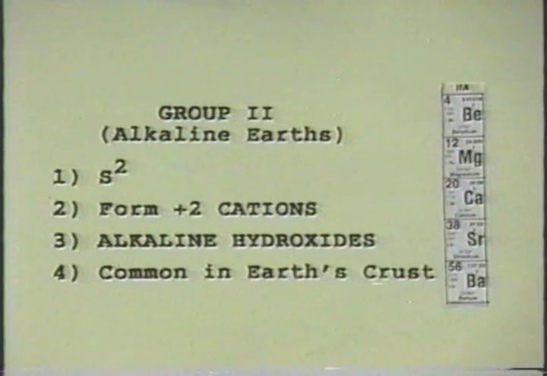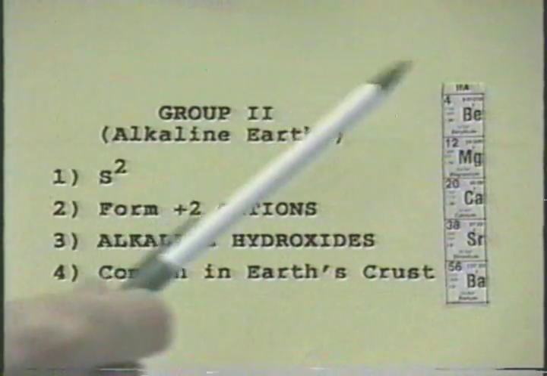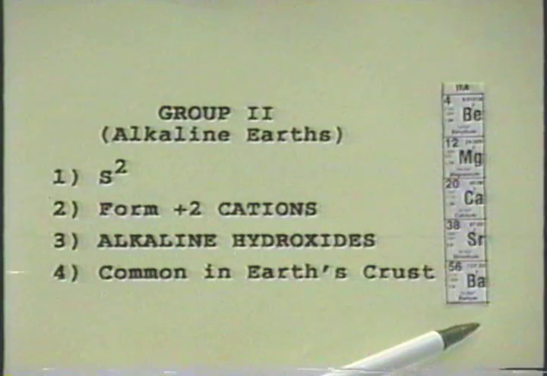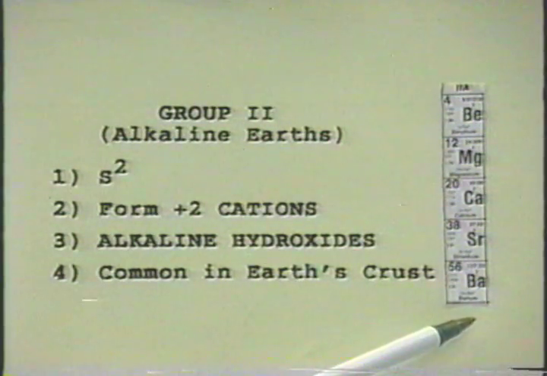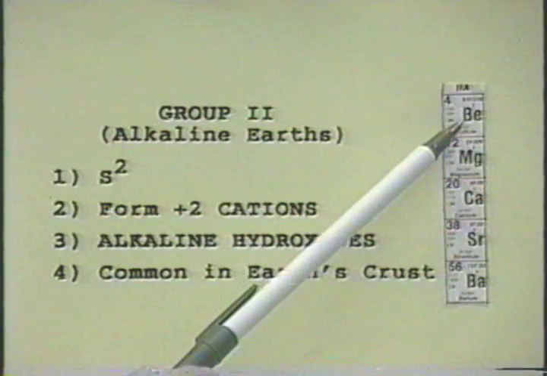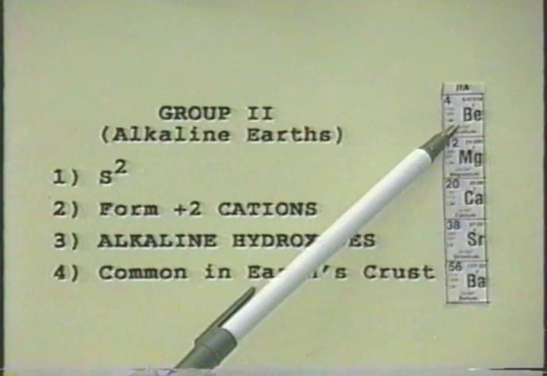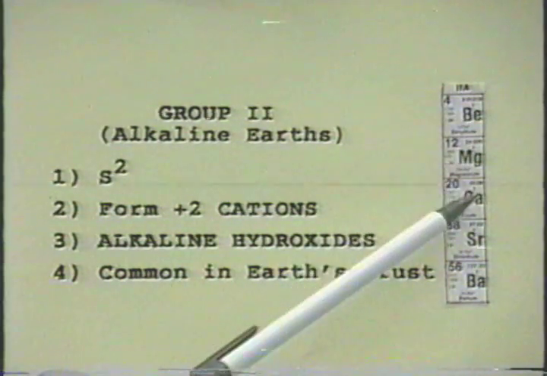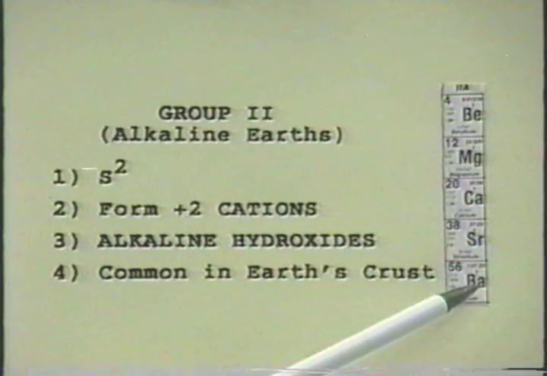Looking first at the group 2 elements, they include beryllium, magnesium, calcium, strontium, barium, and radium. Radium is not included here because it only exists as radioactive isotopes. Also, today you will not be studying beryllium because most beryllium compounds are very toxic. So today you'll be dealing with magnesium, calcium, strontium, and barium.